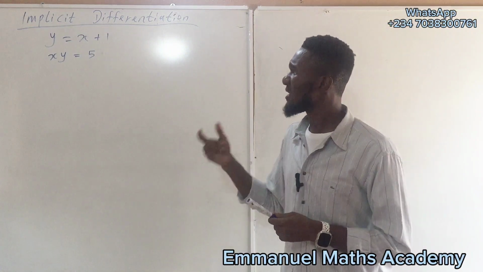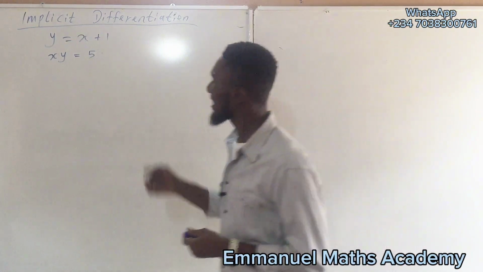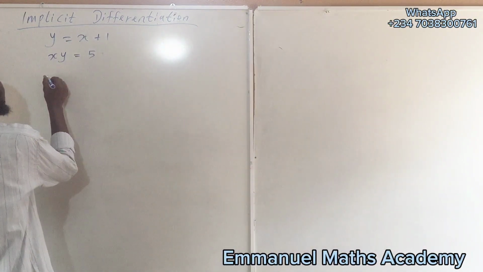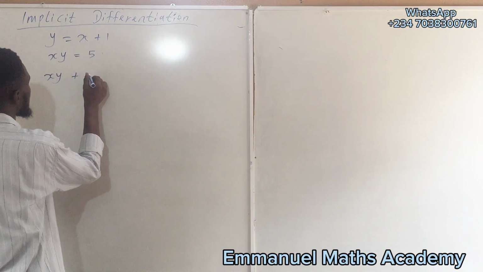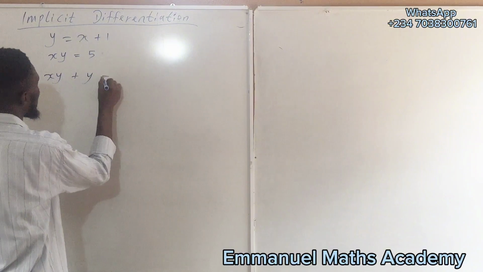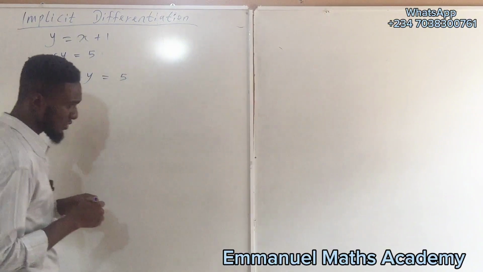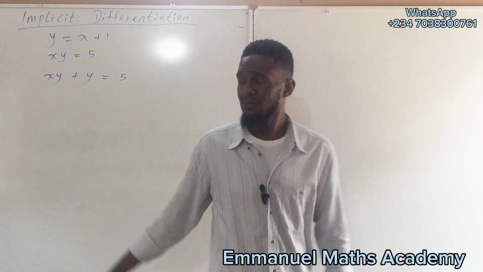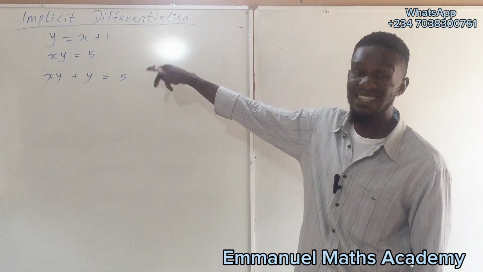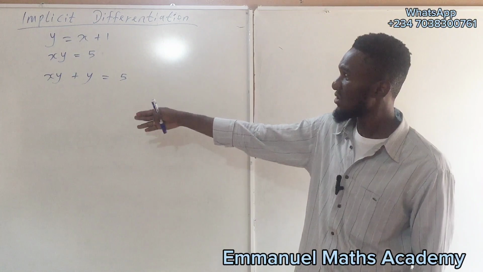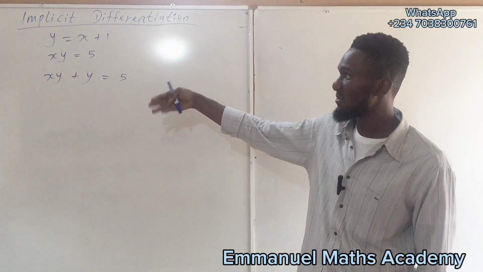Now, what do you do in implicit differentiation? When you are given something like xy plus y equal to 5, you can see that this is in implicit form. You can actually express this in an explicit form.